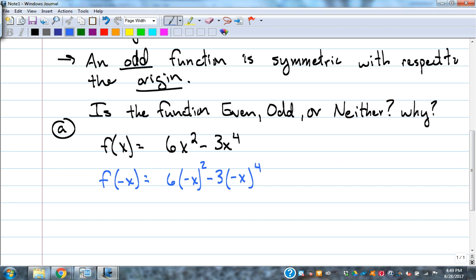Because what happens when you have an even exponent on a negative? It turns it back to positive, right? So that's going to make it 6x squared minus 3x to the fourth. And that is the same as the original. So this one is even. What do we notice about the exponents on every variable here? They're all even, right? That goes together, not a coincidence. Things are not a coincidence in math class.